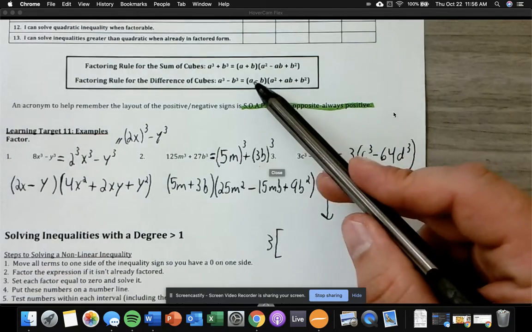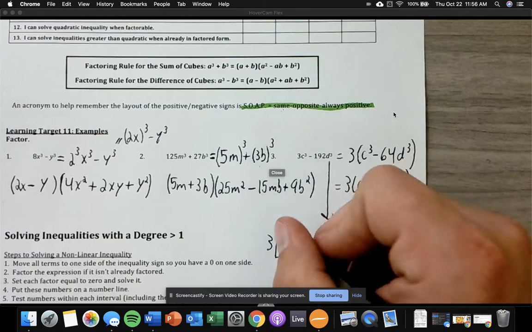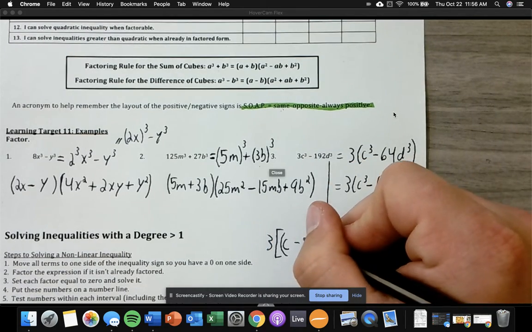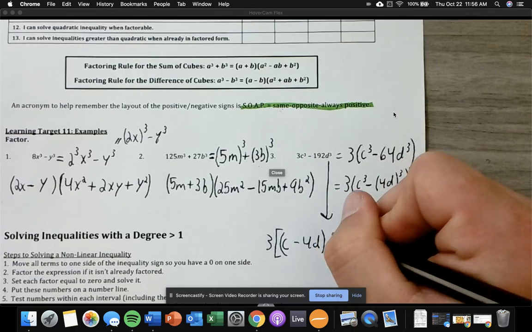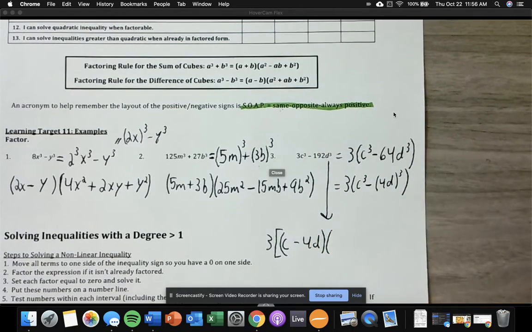We're going to have a minus b, because it's always the same first. So it's going to be c, let me put some parentheses here, minus 4d, and that's going to be times a squared plus ab plus b squared.